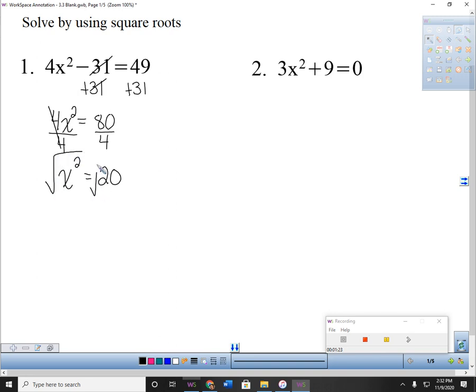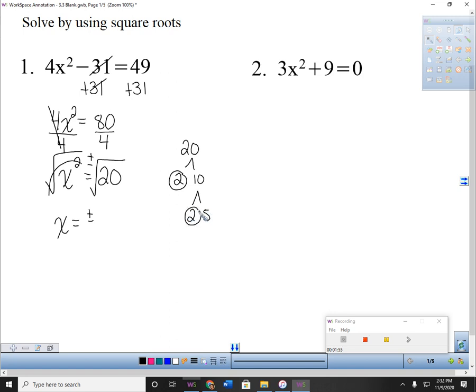And when you square root in an equation, you get a positive answer and a negative answer. Now, whenever you square root something, you need to think about whether you can reduce that root. You need to do your factor tree. So you have 2 times 10, and then 10 is 2 times 5.